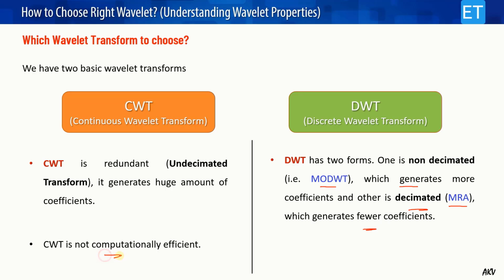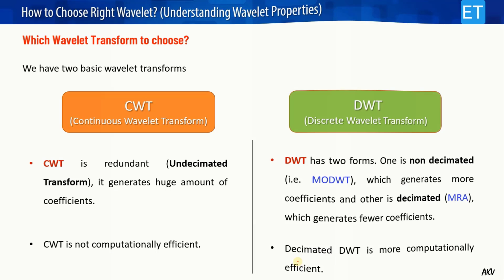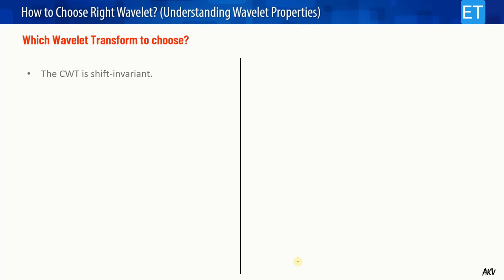The CWT is not computationally efficient. As I said, it generates a huge amount of coefficients, while the DWT is more computationally efficient, and particularly the decimated one is more efficient because it generates very few wavelet coefficients. And the CWT is shift invariant.